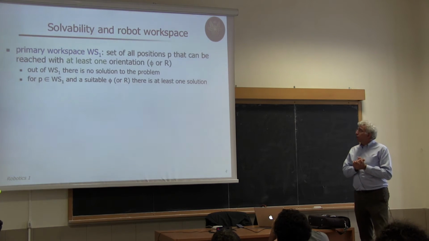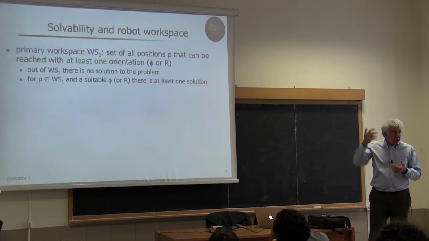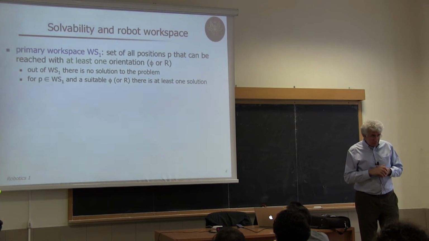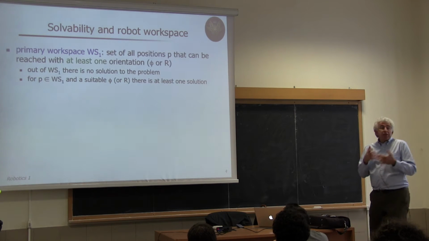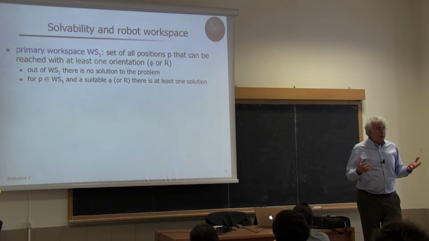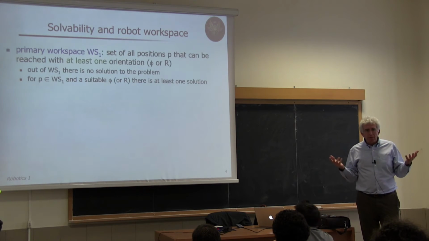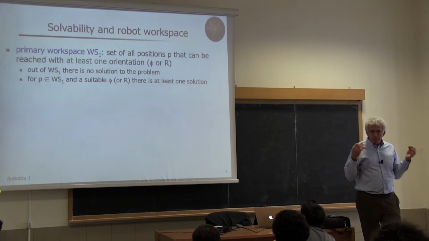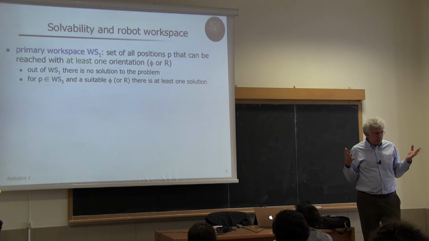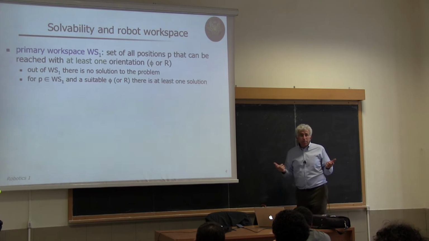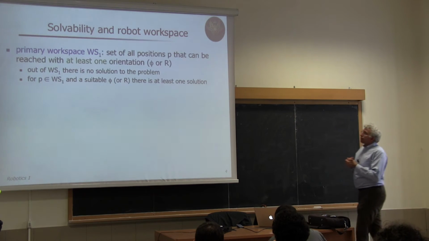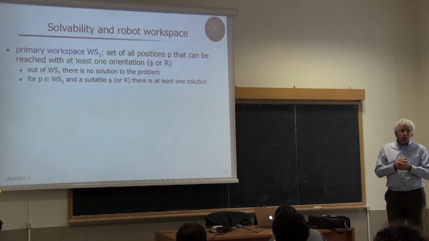So this is the set of all the positions of the origin of the end effector, of the frame of the end effector, that can be reached, so realized, with at least one orientation. So I don't care about the orientation. I just care about positioning the end effector. All these points in the Cartesian space describe the primary workspace.